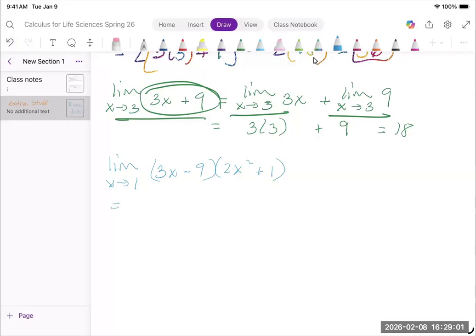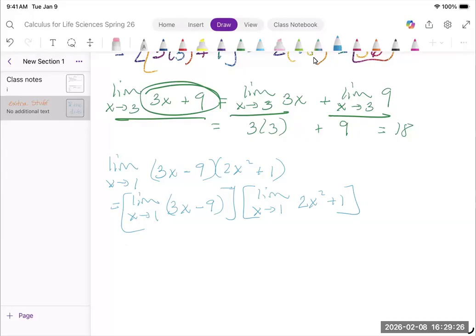Well, we can split this up into their own limits. Usually we would use this rule if popping in the little a, the 1, causes problems. It's not really happening in this instance, but I'm just showing you how it's put into action.